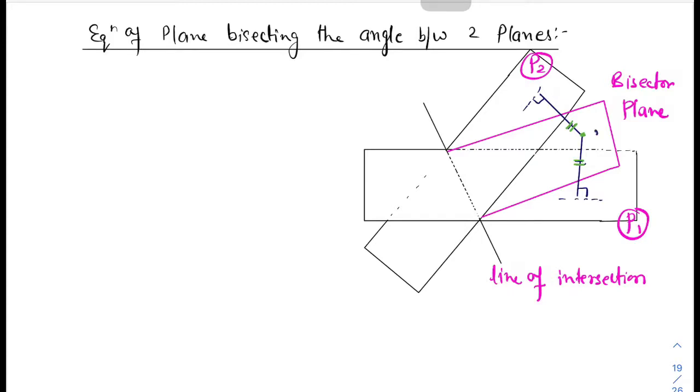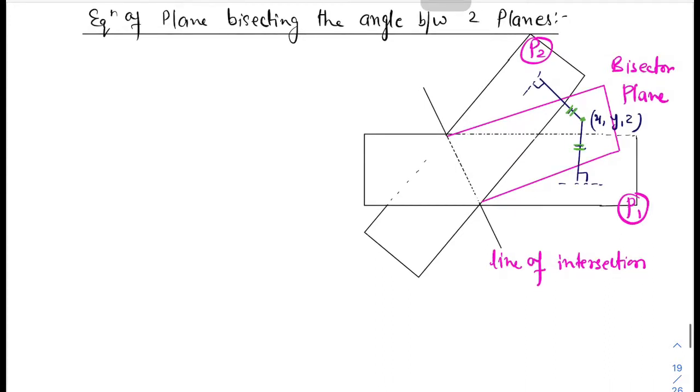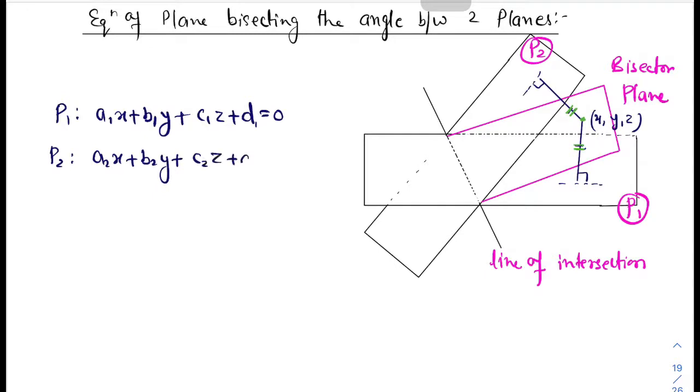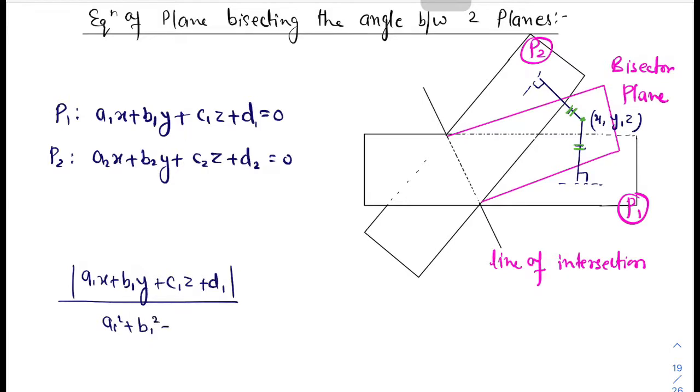Let me take some general point x, y, z. Let me take the equation of P1 as a1x plus b1y plus c1z plus d1 equal to 0, and P2 as a2x plus b2y plus c2z plus d2 equal to 0. So the distance of this point x, y, z from the plane P1 will be mod of a1x plus b1y plus c1z plus d1, divided by the square root of a1 square plus b1 square plus c1 square.